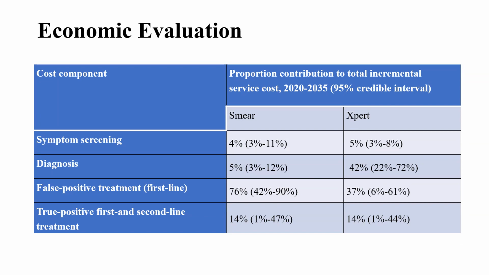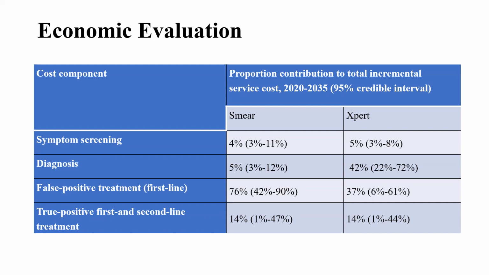In this study, they focused on the programmatic perspective, specifically the cost to the TB program, while excluding broader societal costs. The focus was on service costs related to confirmatory tests and patient months of first and second-line treatment, and they neglected the intervention costs required to facilitate the delivery of these services, for example, human resources.